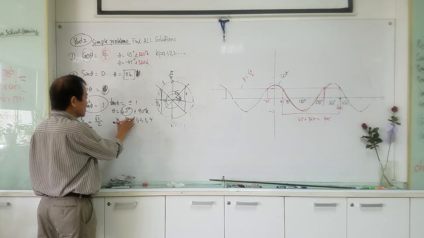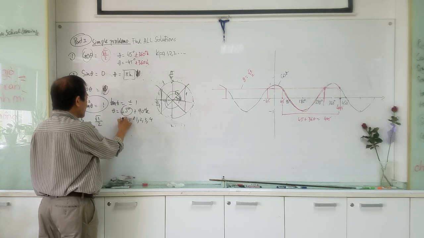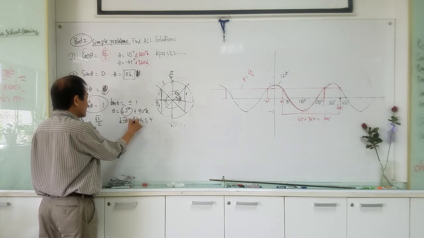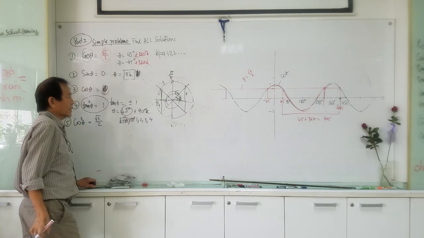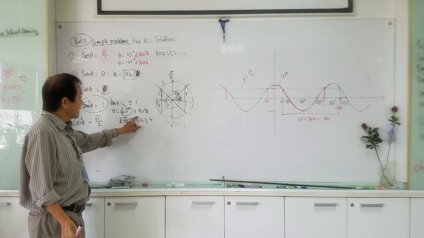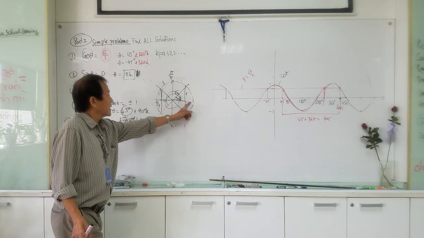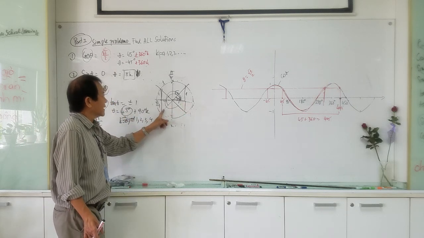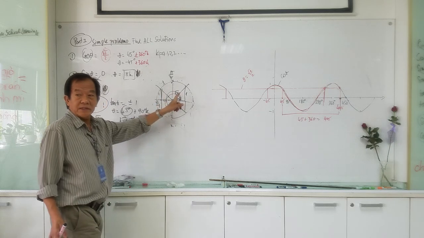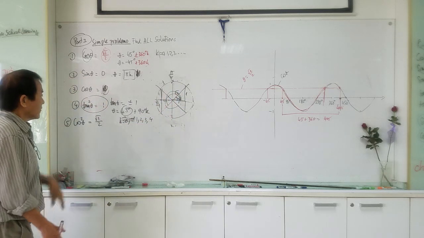If k equals minus 1, you put here 45 minus 90, which becomes minus 45, then you start from here. Then minus 2 you get this one, minus 3 you get this one, minus 4 you get this one. And you have a very compact solution.